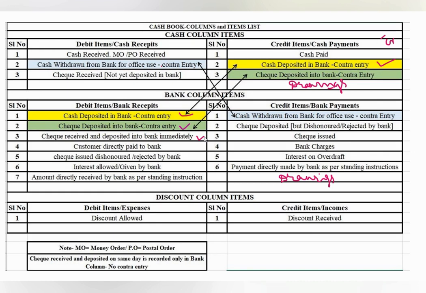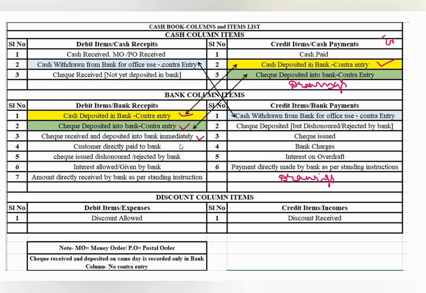Okay, nothing else. We should not think about cash at all. If somebody has given us cash and we are immediately depositing that into a bank, that also we need to record directly in the bank only. We should not touch the cash columns.